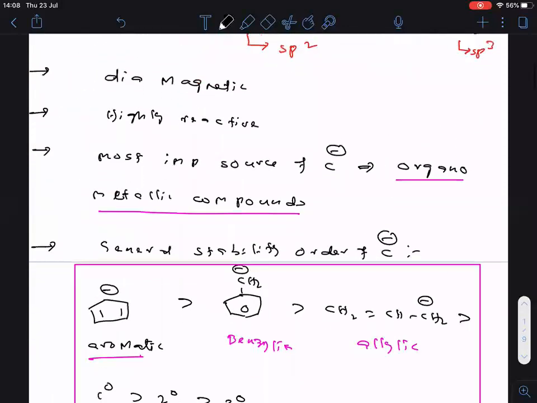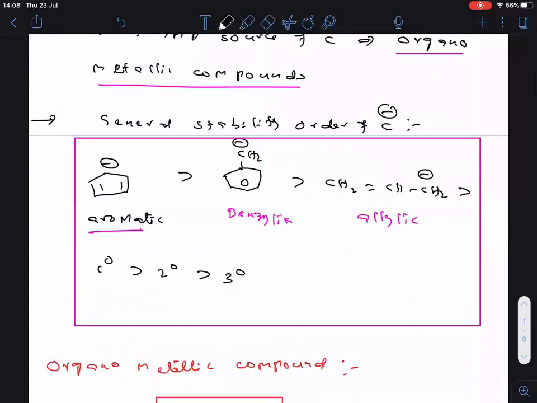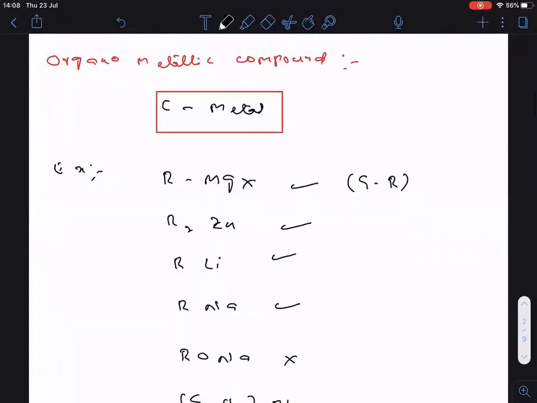Okay, then next one. Then after organometallic compound here.